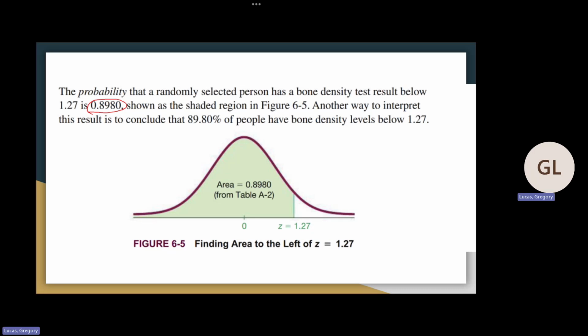And again, it will tell you on homework or something like that how many decimal places we want to round to for probability. But it's rounded to 0.8980, and it's shown in the shaded region below. Another way to interpret this is 89.8% of people have bone density levels below 1.27.